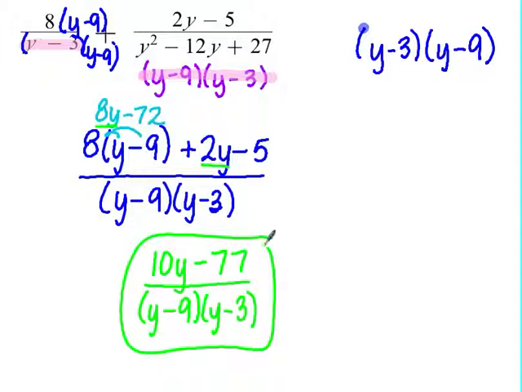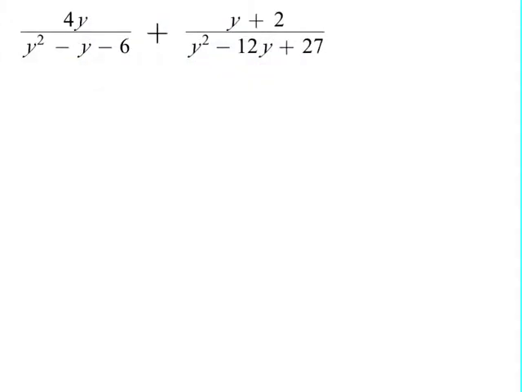Let's try another one of those. 4y over y squared minus y minus 6 plus y plus 2 over y squared minus 12y plus 27. What do you think you're going to do?